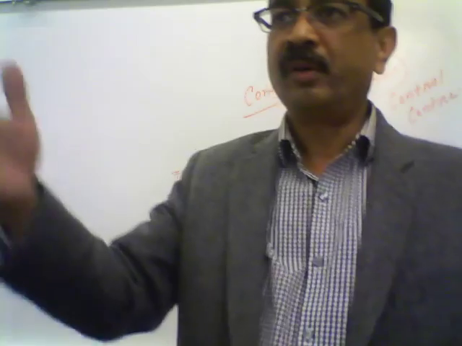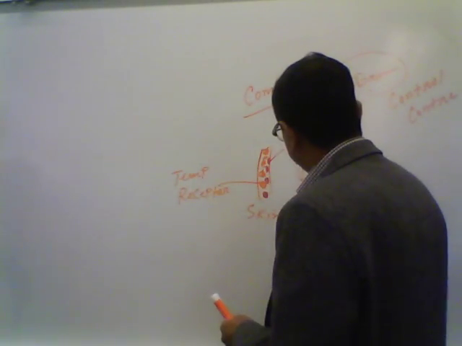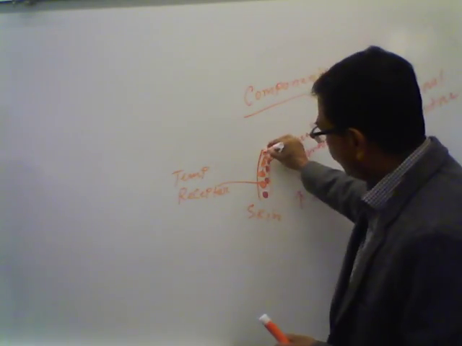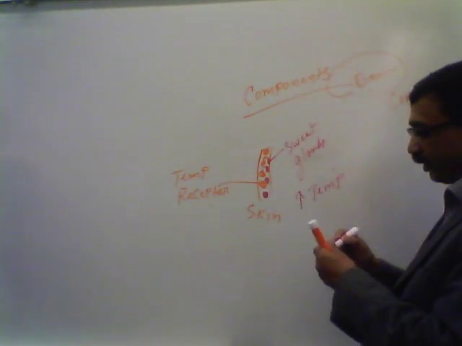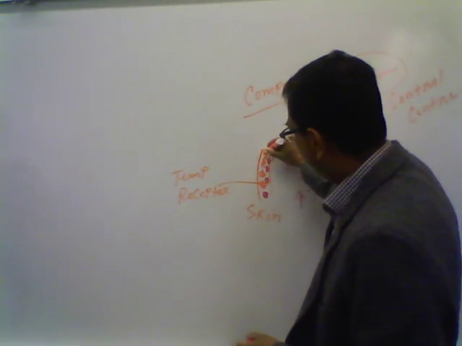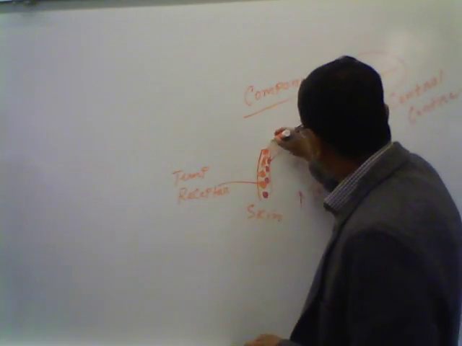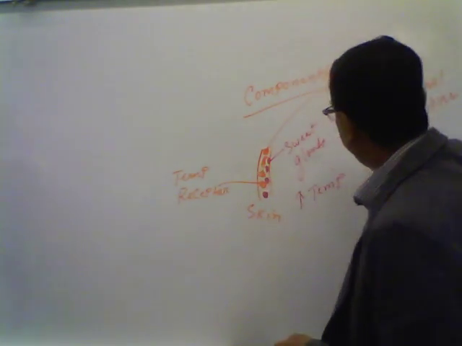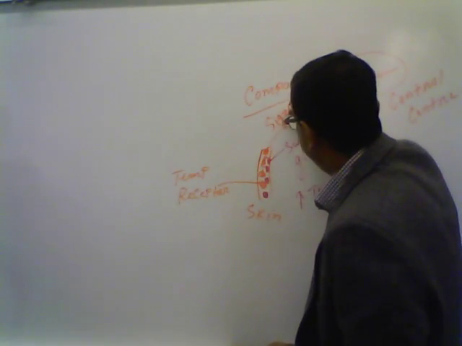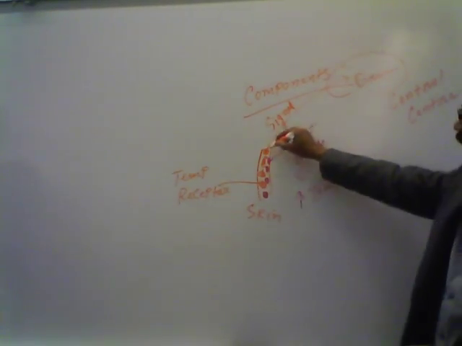If it is cold or hot. So when body temperature increases, these receptors will detect that. So receptors are the first components, must be activated to detect that. And then the receptors will send signal to the control center. So signal from the receptors will go to the control center. Nerves will take that signal.